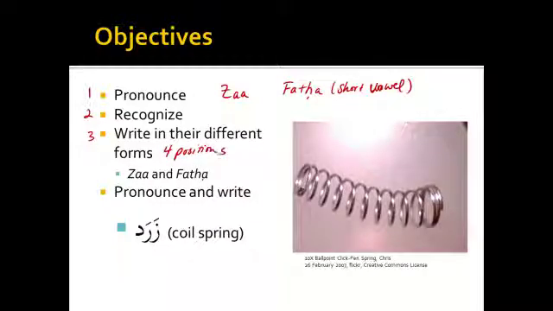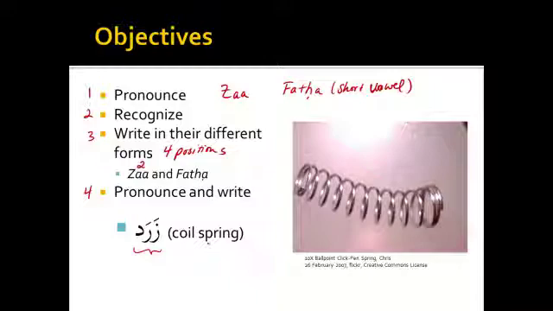But the Za, like the Ra and the Dal and the Dhal and the Alif and the Waw, has only 2 forms out of the 4 positions. Our fourth objective is to pronounce the Za and the Fatha in a word. And the word that we're going to use for today is Zarad. Zarad means spring or coil in Arabic.